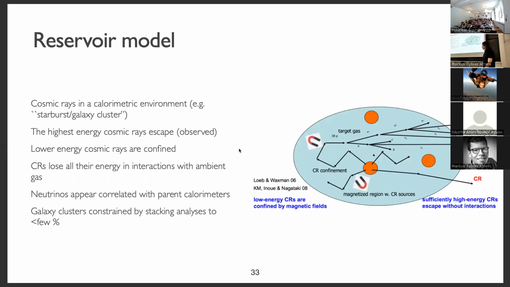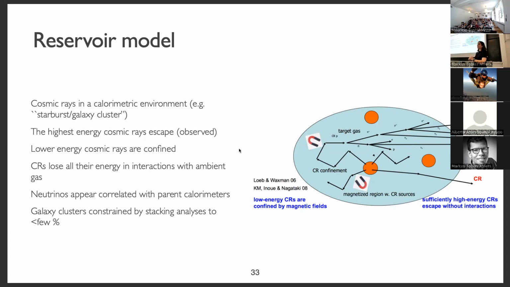I just want to briefly say that starburst galaxies, but not just starburst galaxies, also UHECRs and also galaxy clusters, have been proposed as good environments for what is called the reservoir model, in which we have acceleration of very high energy cosmic rays. The highest energy cosmic rays have the largest Larmor radius and they escape their sources. The low energy ones are trapped in the magnetic field of the source and they stay there, interact a lot and produce neutrinos.